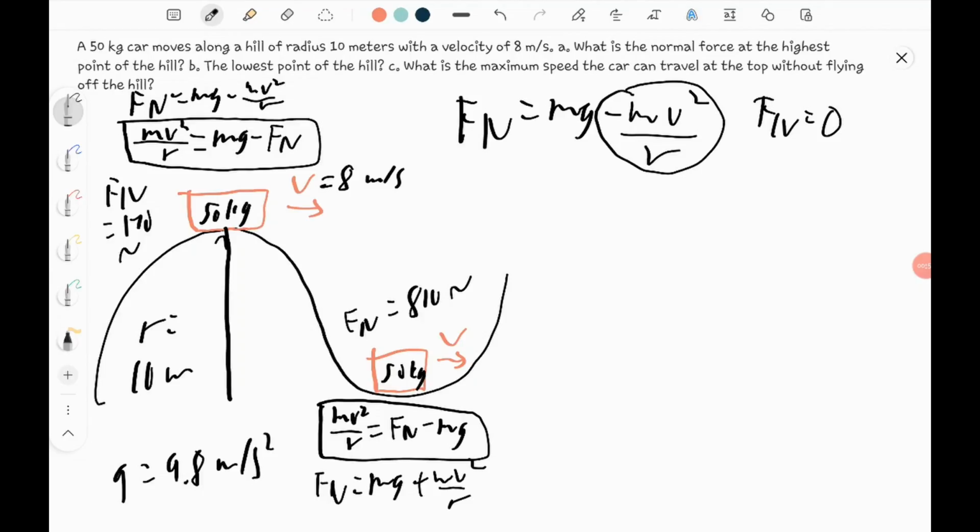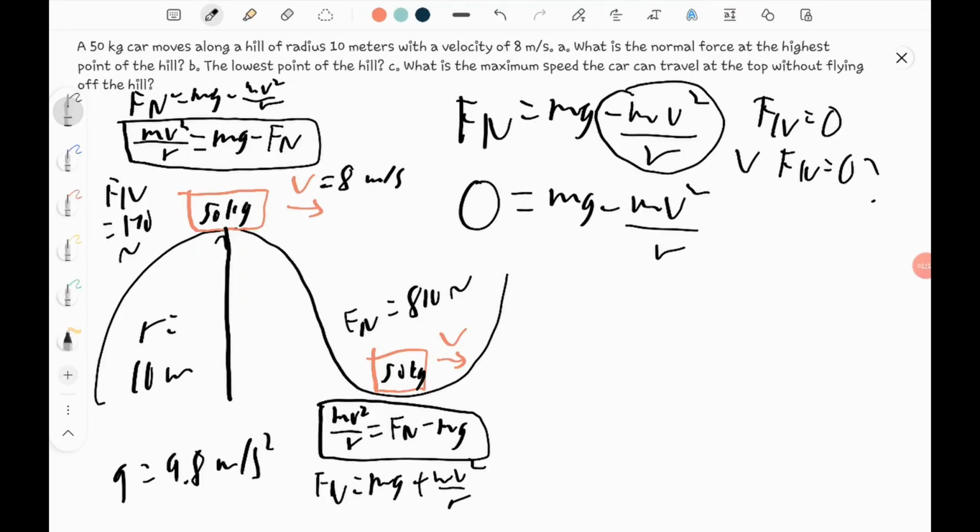So we want to find for what velocity is Fn equal to 0. So let's try it out. If the normal force is 0, that must be equal to mg minus mv squared over r. Let's add mv squared over r to both sides.